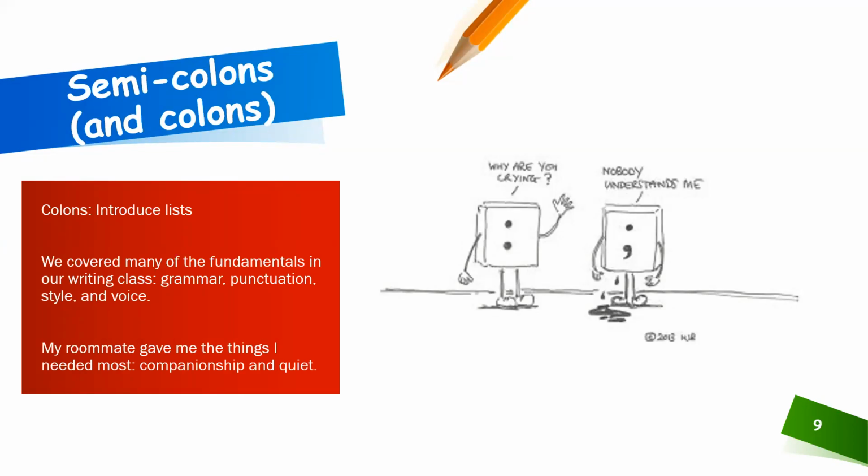Another example, my roommate gave me the things I needed most: colon, companionship, and quiet. So it doesn't have to be a list of 3 or more. It could be a list of one thing. So anytime you're introducing a word, or you're trying to put something out there as, this is my example, colon, and then you can place the item after it.